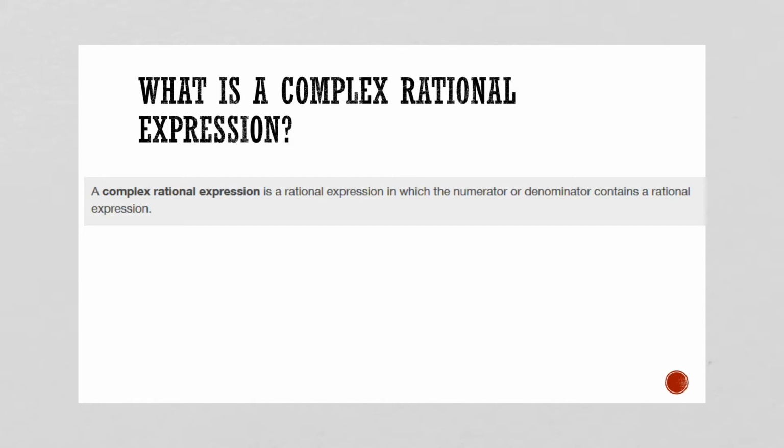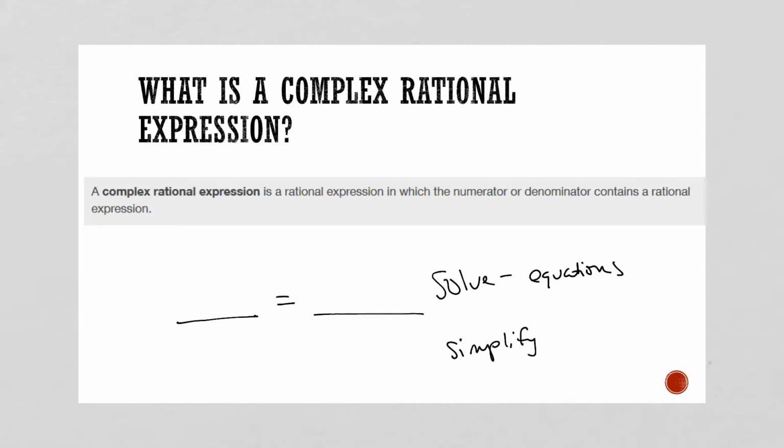Equations have an expression equals another expression, okay? You can solve equations. You can only simplify expressions, okay? So we're only dealing with expressions, so we will not be solving for x. All we're doing is simplifying as far as we can.